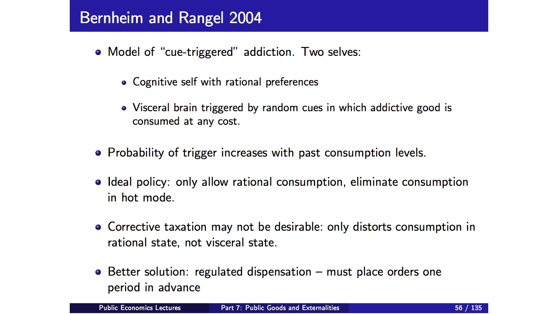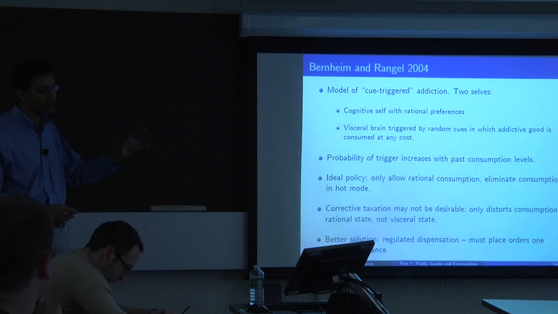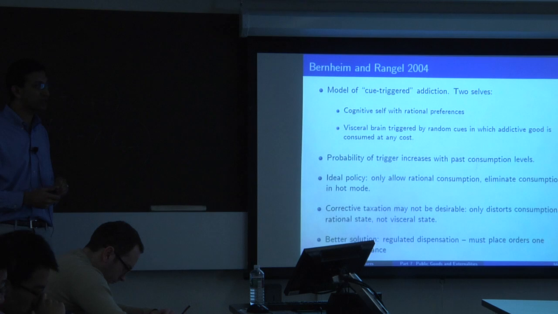So rather than the habit formation type of model that, going back to Becker-Murphy, they have a model of what they call cue-triggered addiction, where you have two selves. You have a cognitive self with rational preferences, and then you have a visceral brain that's triggered by random cues in which the addictive good is consumed at any cost, okay?